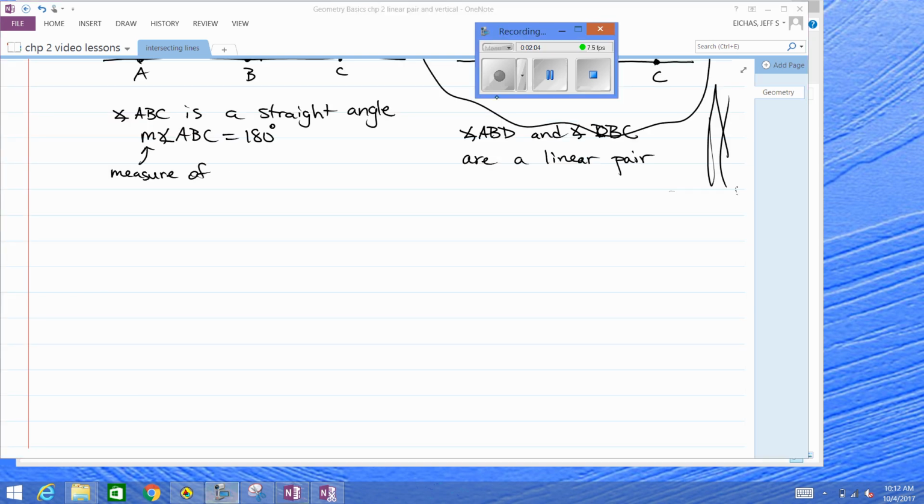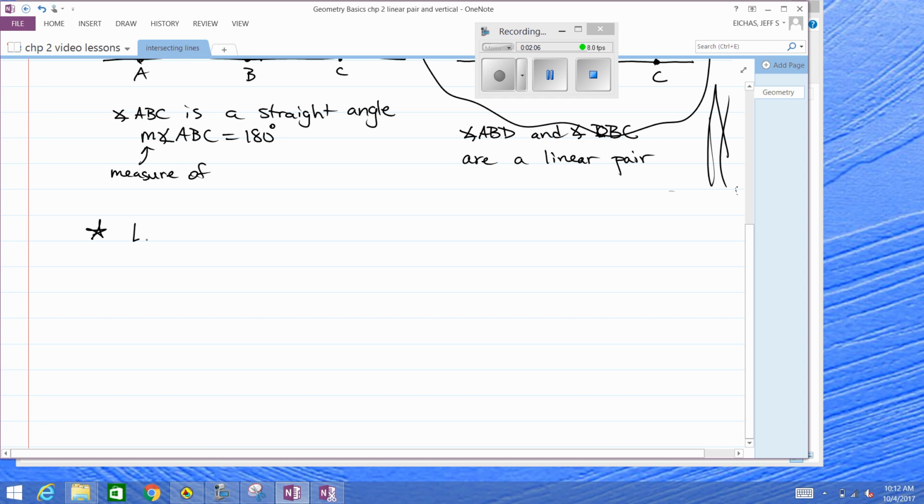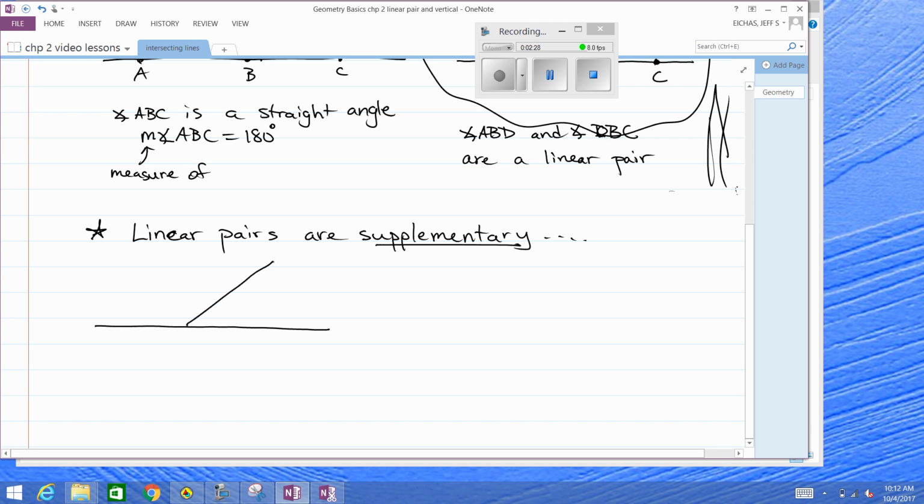Okay, continuing on from the linear pair. What we will say is linear pairs are supplementary. Now, if we want to define that for a second, supplementary angles are angles whose measures add to 180. One instance of supplementary angles would be something like this, where we have a 135-degree angle right here and a 45-degree angle there.